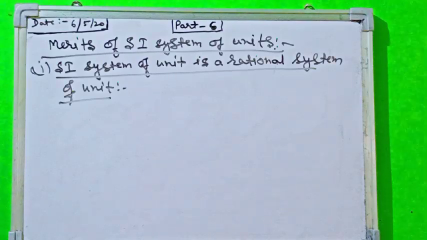That SI unit is called joule. Means for all things there is a common unit. That means to say that it is a rational system of unit.